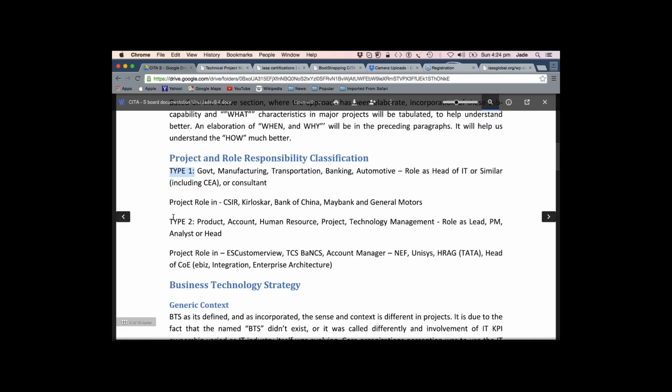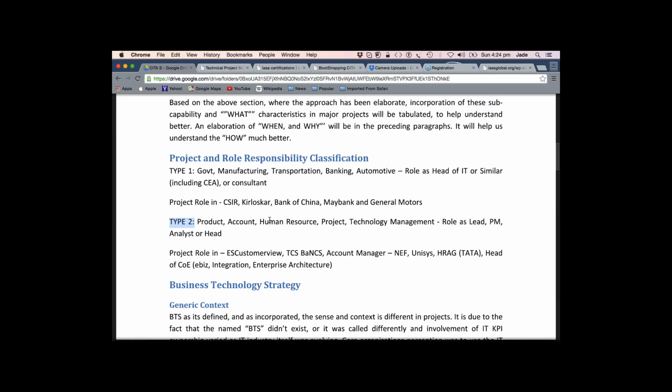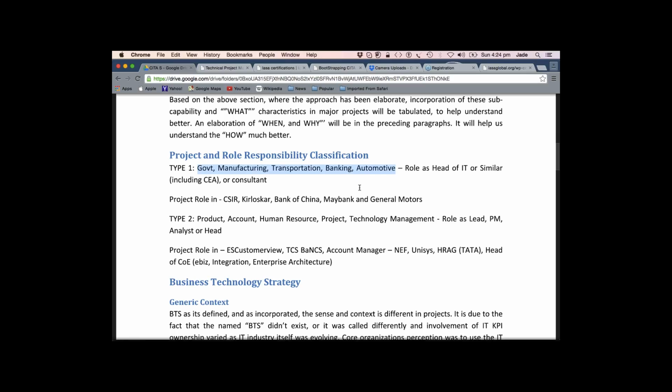And I classified the projects into type 1 and type 2. One was more on the specific verticals, and the other one was more in terms of being within an ITES, IT services organization. In type 1, I was a part of a government or a manufacturing or a transportation or a banking community.